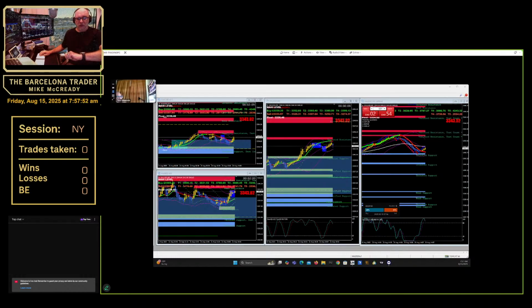Probably going to be slow moving until the news at 8:30. We're about 2 minutes away from the 8 o'clock candle. Might get some movement there, but unlikely to be enough to do anything.